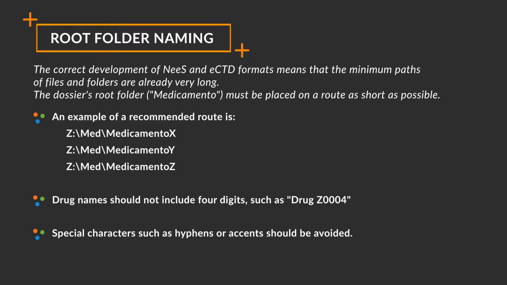An example of a recommended root is Z:/med/medicamento X, Z:/med/medicamento Y, Z:/med/medicamento Z. Drug names should not include 4 digits, such as drug Z0004. Special characters such as hyphens or accents should be avoided.